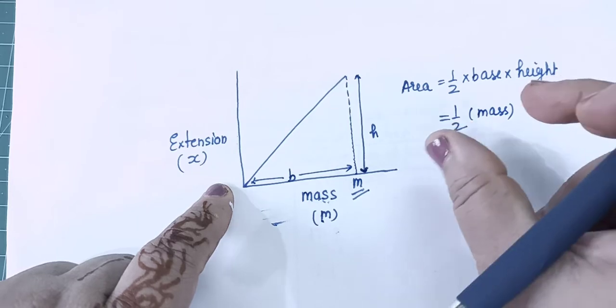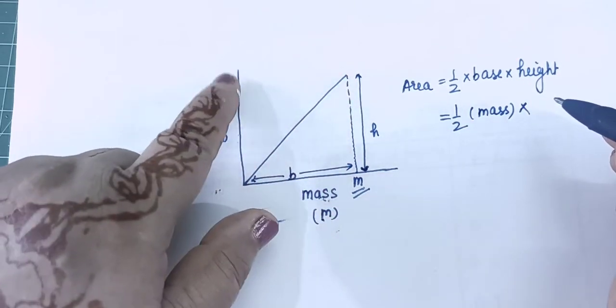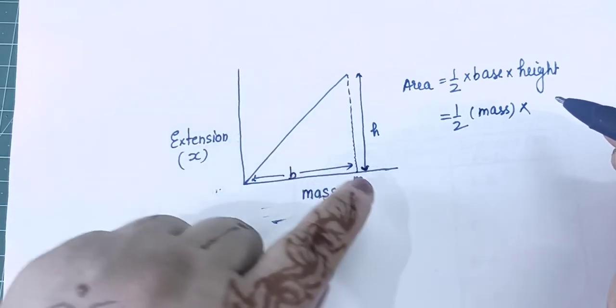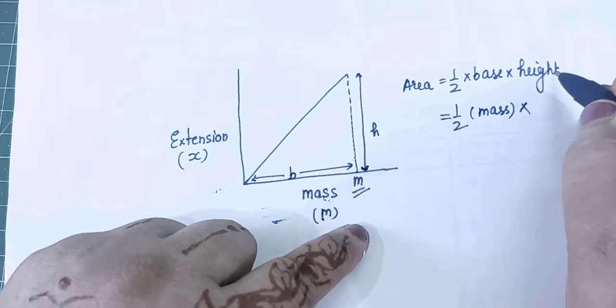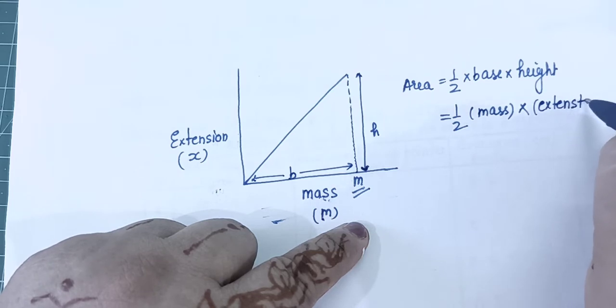Height is the corresponding last extension recorded for the last mass suspended with the spring. So height will give you extension. Clear?